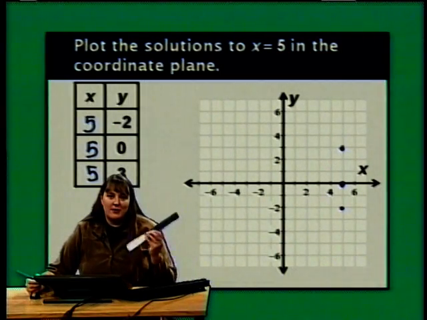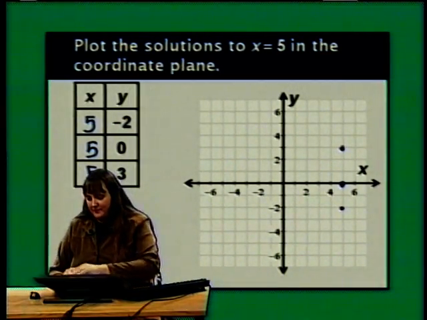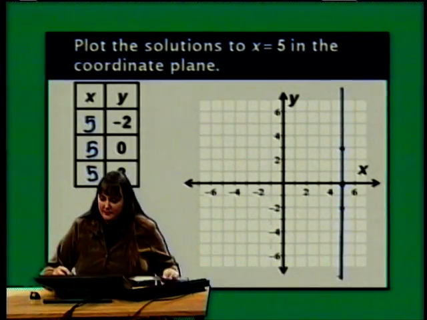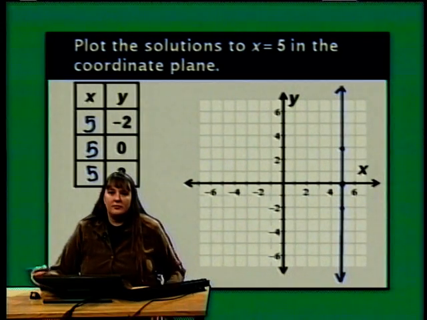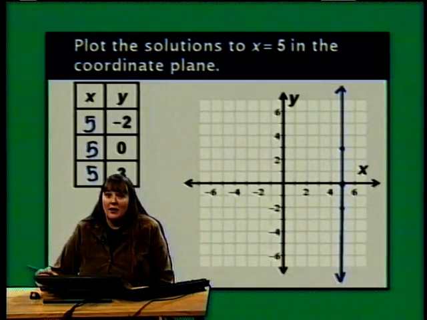So I'm going to use my straight edge and draw a vertical line connecting these 3 points. So in the coordinate plane, the solutions to x equals 5 look like a vertical line, whereas on the number line, the solution to x equals 5 was just the point 5 on the number line.